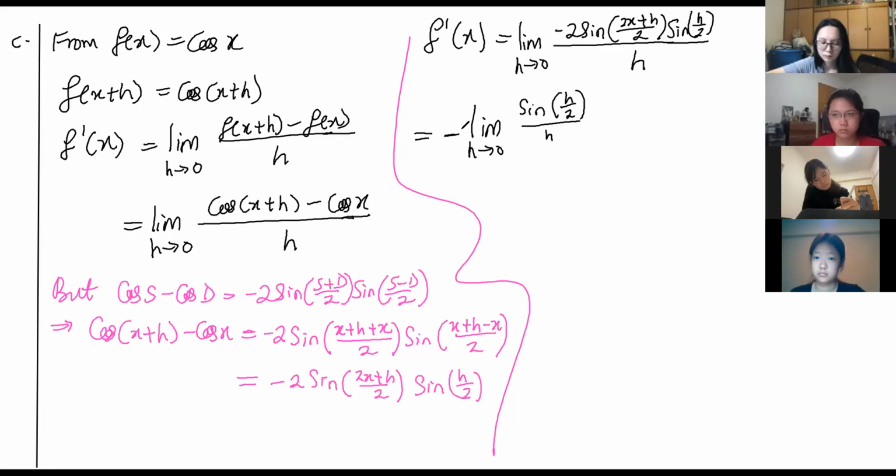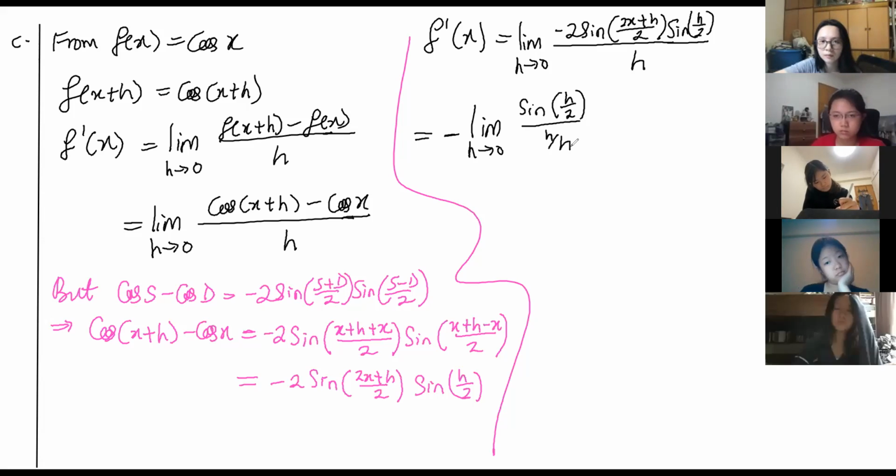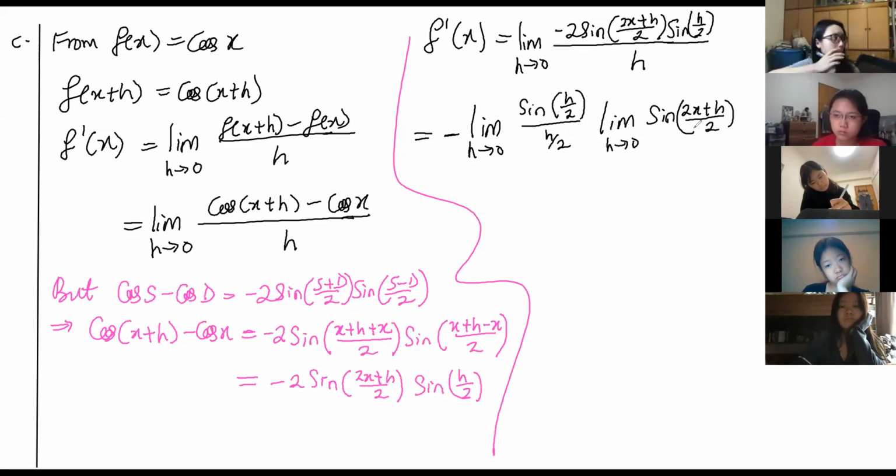Actually, our negative can be here. So this can be sine h over 2 over h over 2. Can you see? And the other limit could be this.